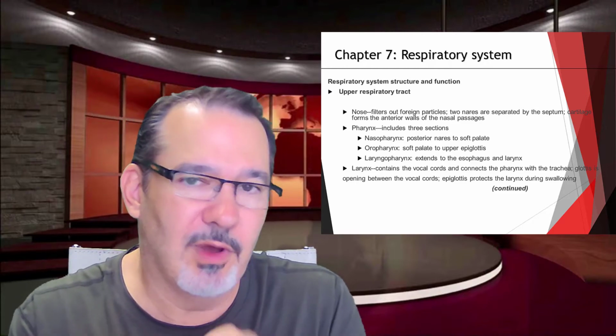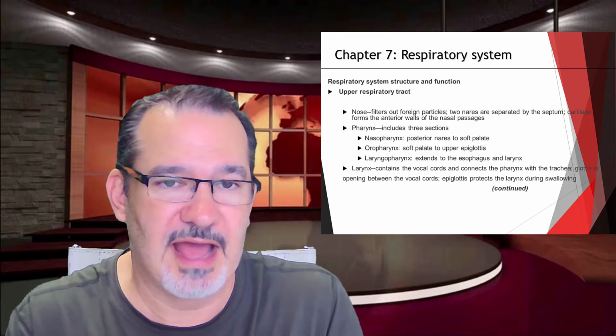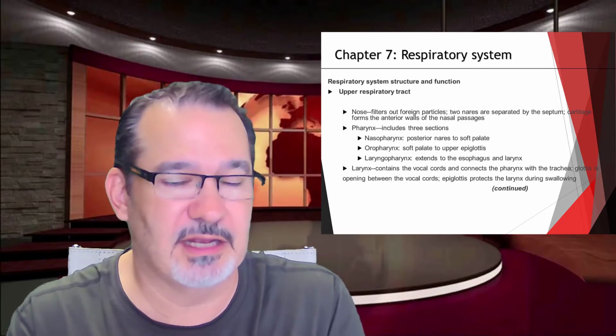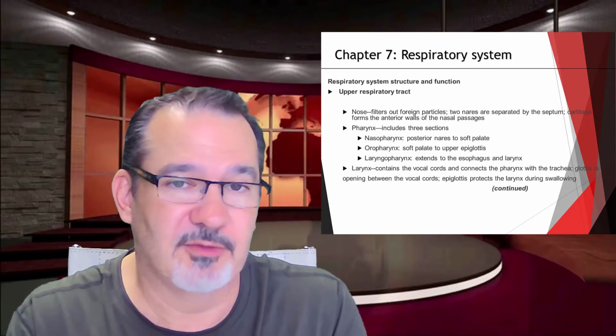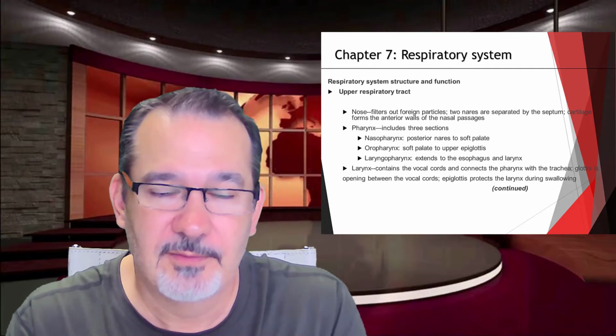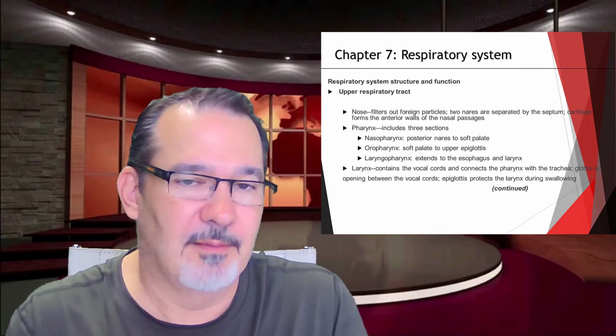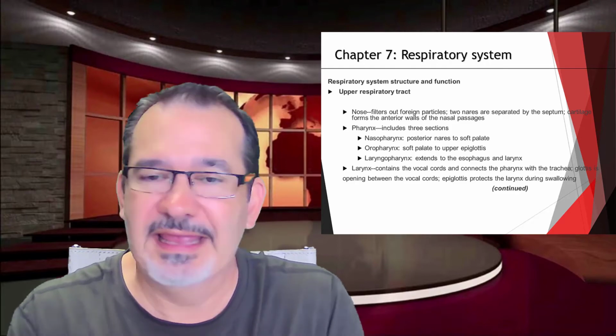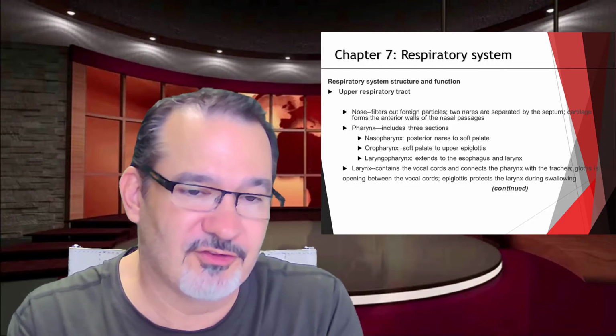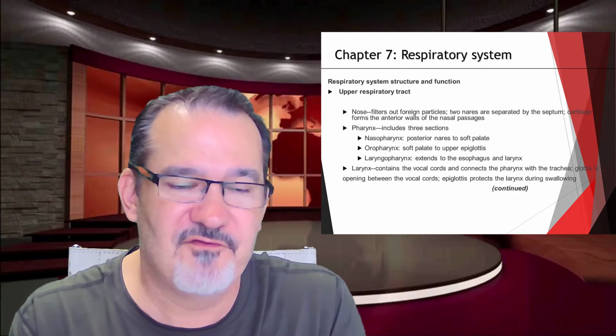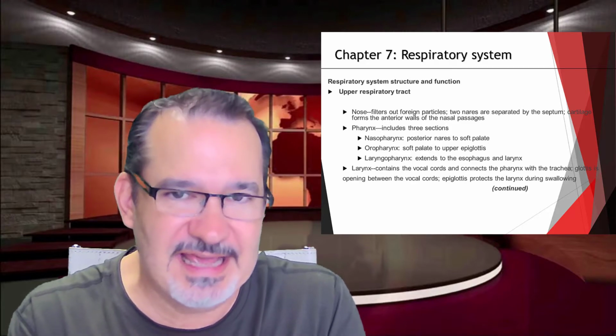Now, one of the things I would say is a lot of people pronounce larynx incorrectly. Many people like to pronounce it "larnix," just like "pharnix." Incorrect, and simply look at the spelling of the word. Pharynx, it's not N-I-X.